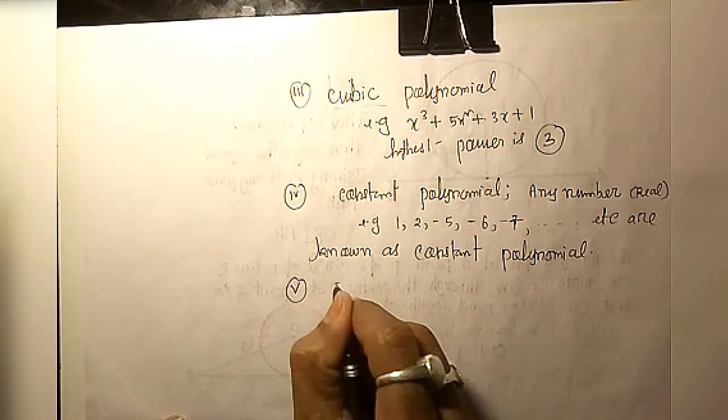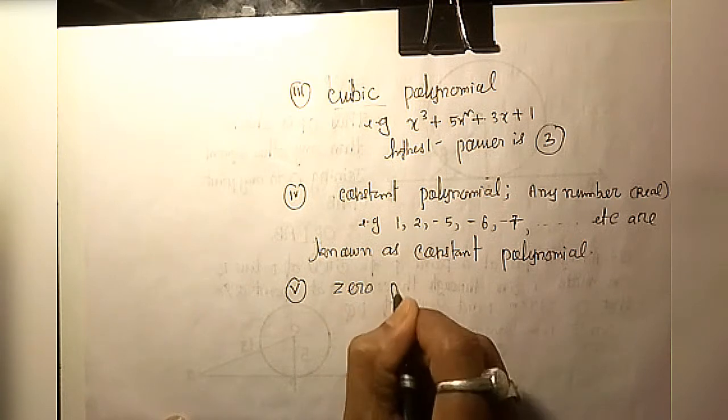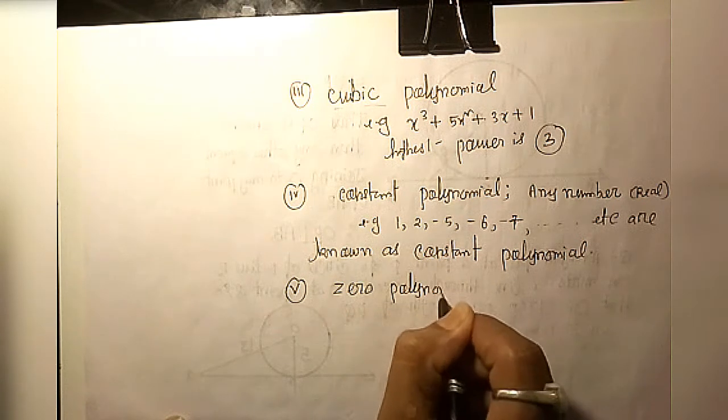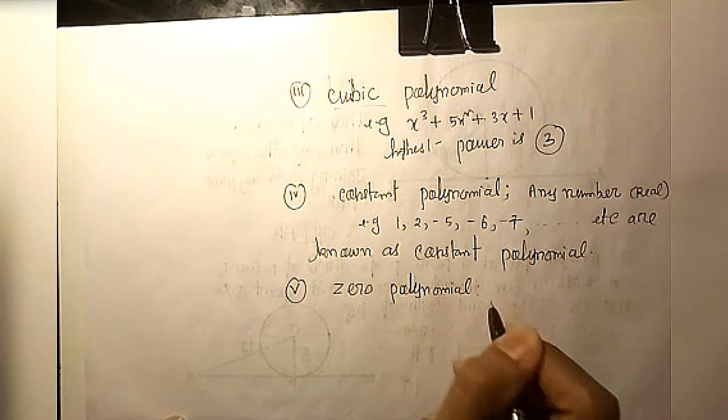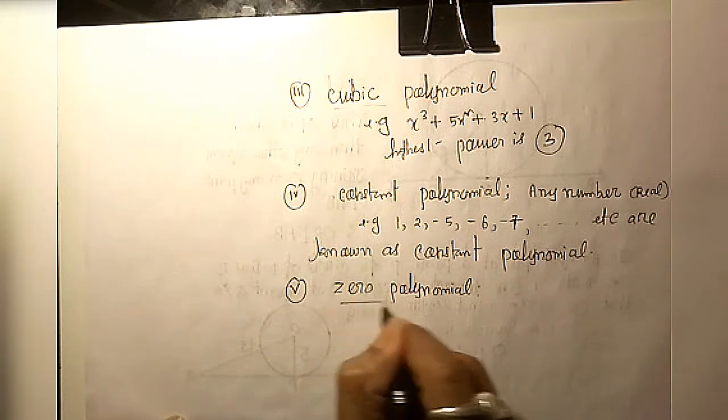Number 5, zero polynomial. So how can we define zero polynomial?